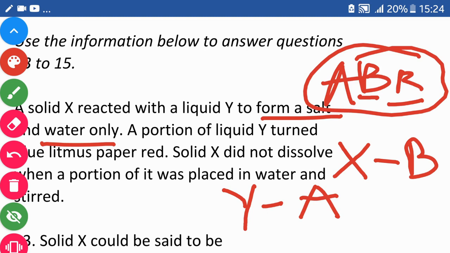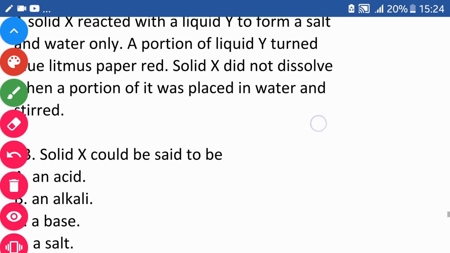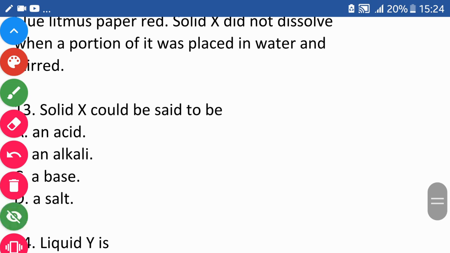So we know Y is acidic, X is a base. We are asked that solid X could be what? It's a base.